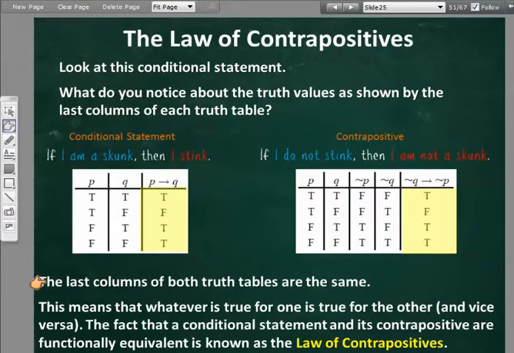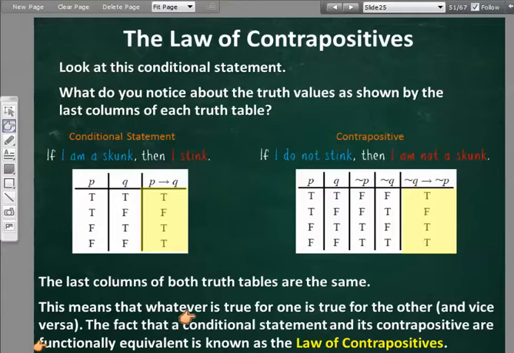So the last columns of both truth tables are the same. This means that whatever is true for one is true for the other and vice versa. The fact that a conditional statement and its contrapositive are functionally equivalent is known as the law of contrapositives.